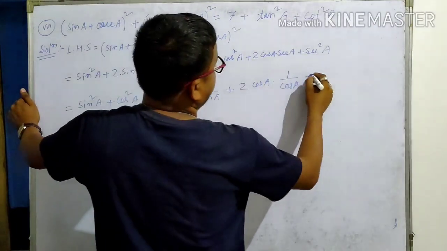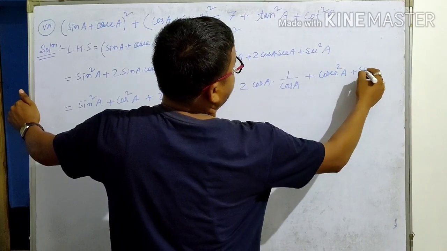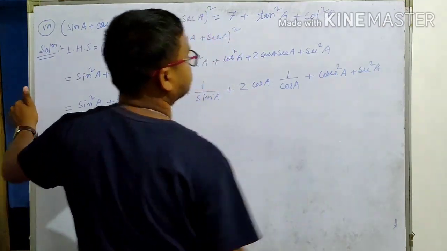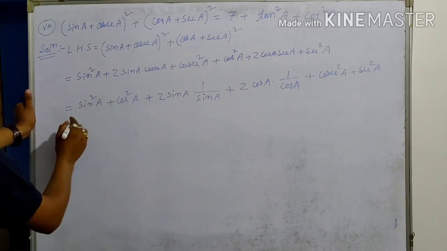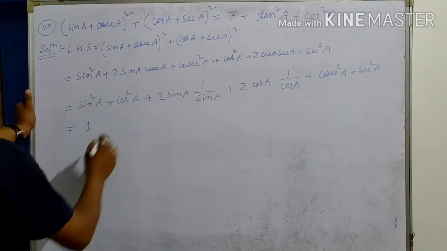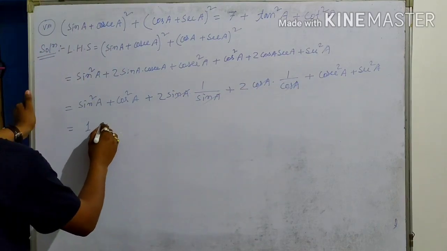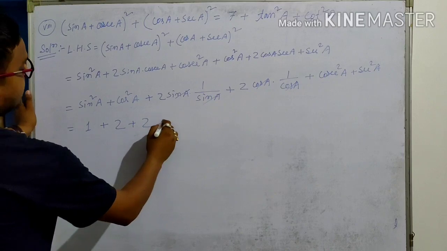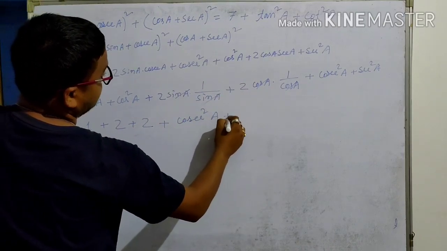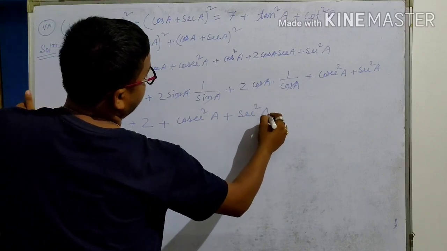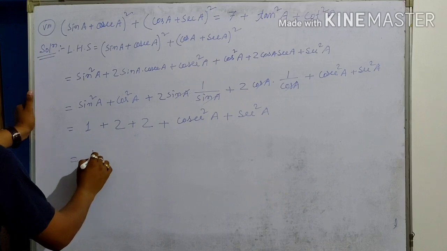And the last term will be cosec square a plus sec square a. Now sin square a plus cos square a is equal to 1. And here sin a cancels, cos a cancels, so you will get 1 plus 2 plus 2, and last you will get cosec square a plus sec square a. Here 1 plus 2 plus 2, you will get 5.